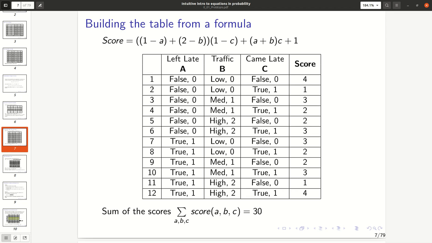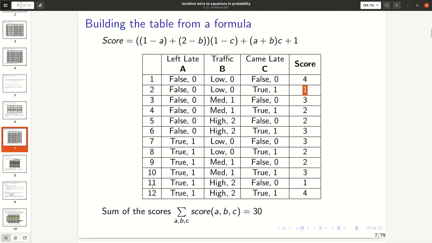Here both correspond to the context when a is 0 and b is 0. That is, the employee left the office on time the previous day, and on that day traffic is really low. So we would expect that the employee reaches the office on time. What is the score given here? The score given for the employee reaching on time is 4. The score for the employee becoming late is 1.